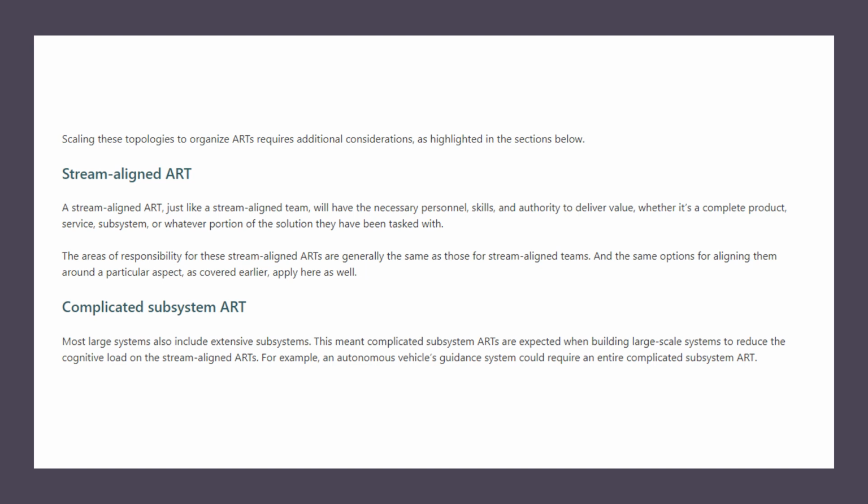Complicated subsystem ART. Most large systems also include extensive subsystems. This means complicated subsystem ARTs are expected when building large-scale systems to reduce the cognitive load on the stream-aligned ARTs. For example, an autonomous vehicle's guidance system could require an entire complicated subsystem ART.